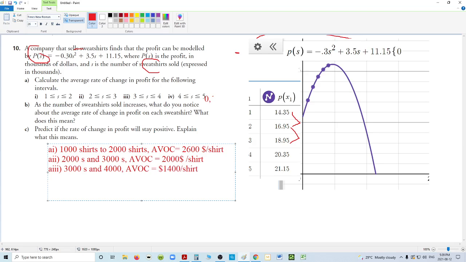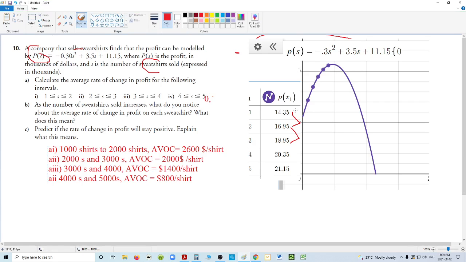And then finally, your last one, your A4, is between 4,000 shirts and 5,000 shirts. Your AROC is equal to the difference of 21.15 minus 20.35, all divided by delta x of 1, which is the same as 0.8, which means you're making $800 per shirt in the last stretch.